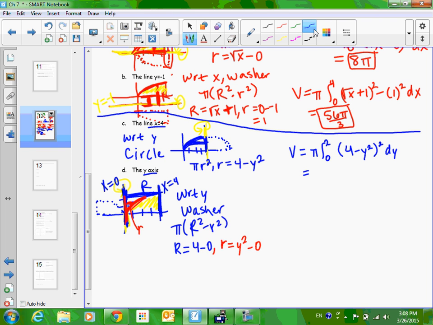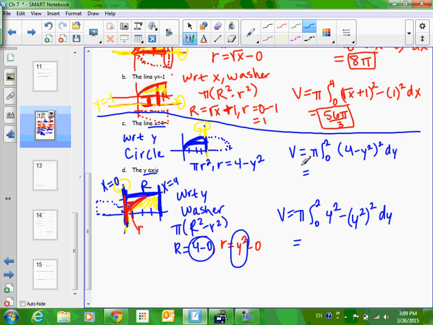You need to have that minus 6 or whatever. All right, volume for this one, pi, integral from 0 to 2, and then big R squared. Are y'all comfortable with me just writing 4 squared? Minus little r squared. Again, I'm not even going to put the minus 0. This is y squared, squared.